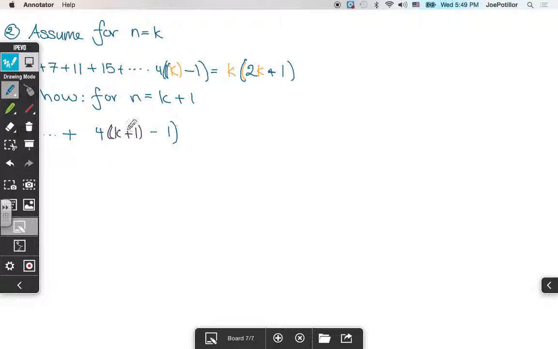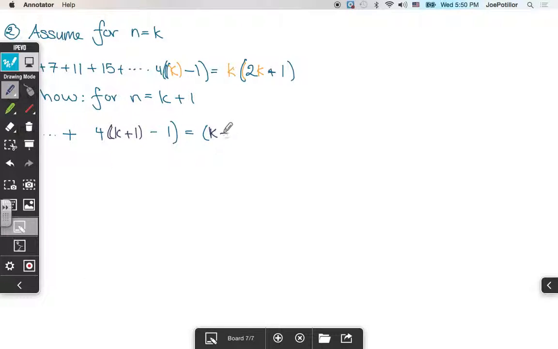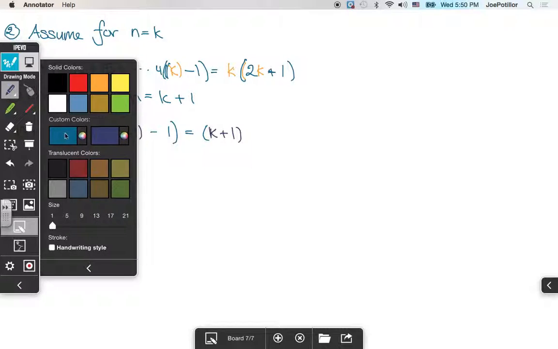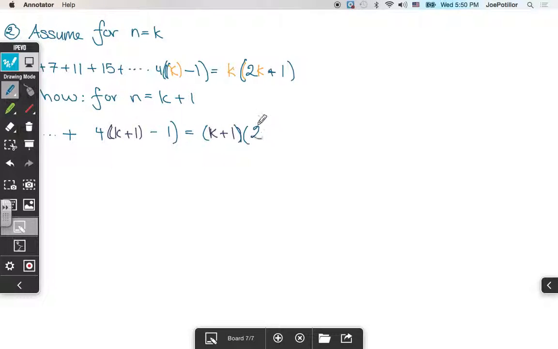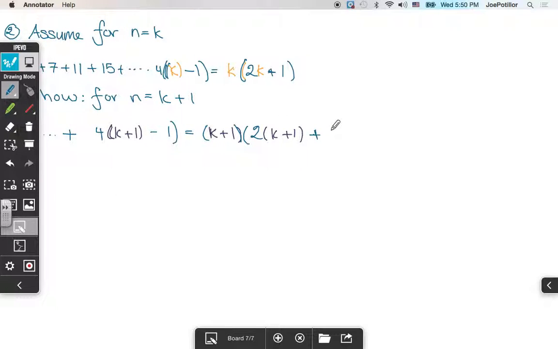Minus 1 equals k plus 1 times, plus 1. If you distribute and simplify it, we get k plus 1, and then 2k plus 2. 2 plus 1 is 3, so 2k plus 3.